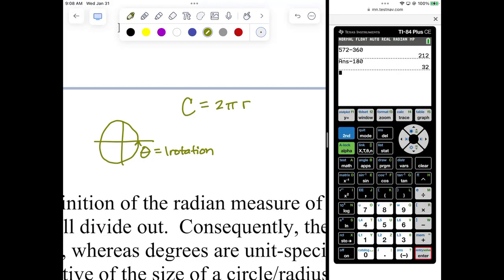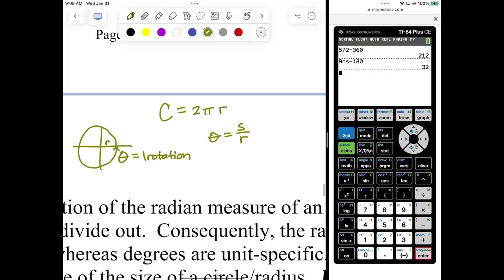So if I use the formula, theta equals S over R. This circle that I drew, which is not quite perfect, but you get the idea, has a radius of R. For one rotation, what's another name for the arc length if I go all the way around? What's another name for the arc length? An arc length is just a part of a rotation.